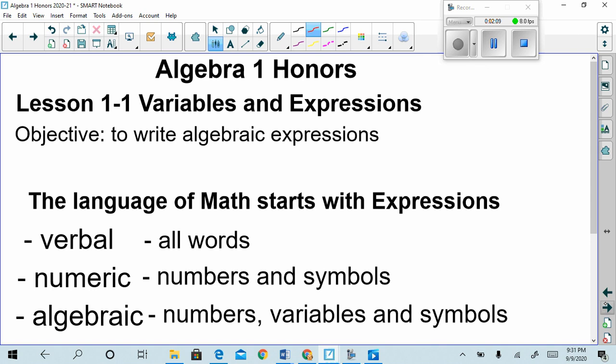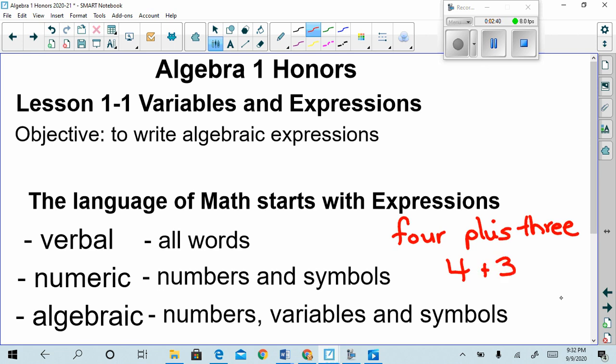So the language of math starts with expressions. And these expressions could be all words, 4 plus 3, written out in words. Could be written out in the numeric expression or numerical expression, 4 plus 3.